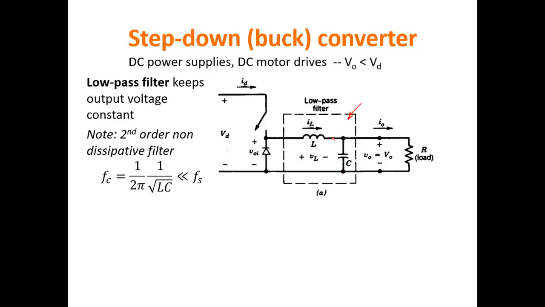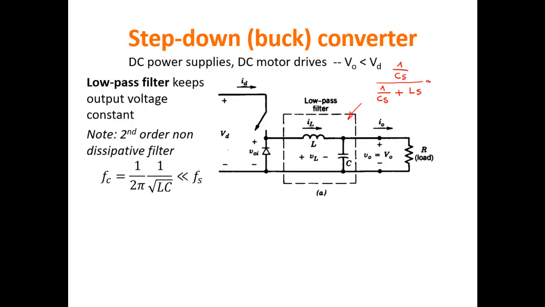I can write the expression here. This is the impedance of the capacitor, and then you need to divide it by the sum of the impedance of the capacitor and the impedance of the inductor. So this is the transfer function of this very simple circuit.